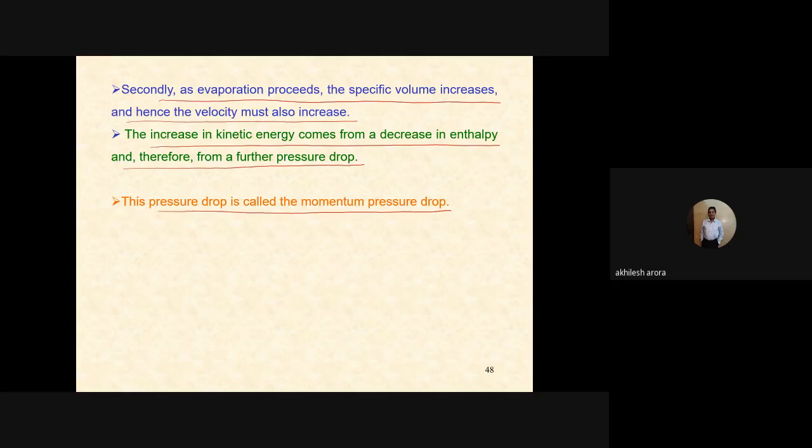Let us try to understand the meaning of the momentum pressure drop. I can consider that the mass flow rate entering the evaporator is given by rho A V, and it can also be written as A V divided by small v. So this is the velocity.